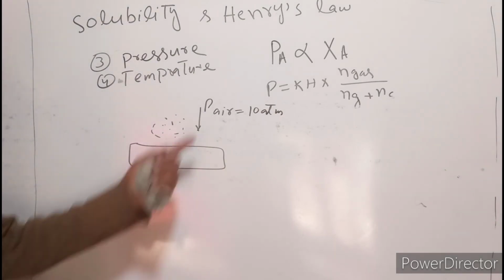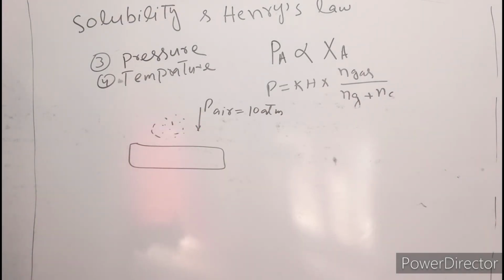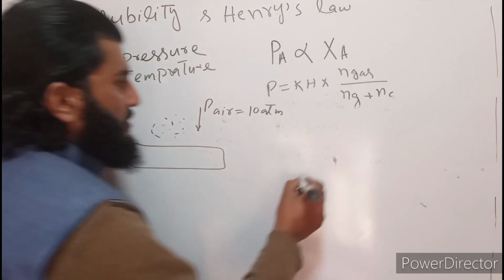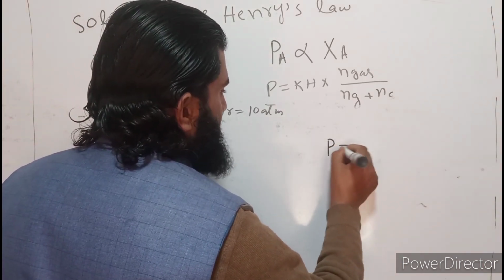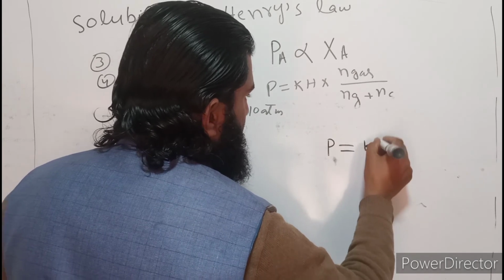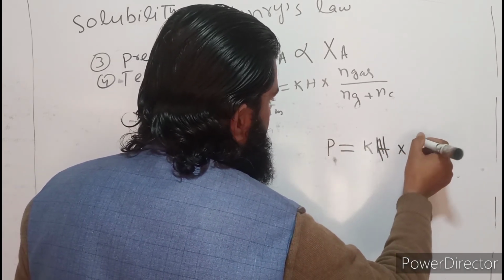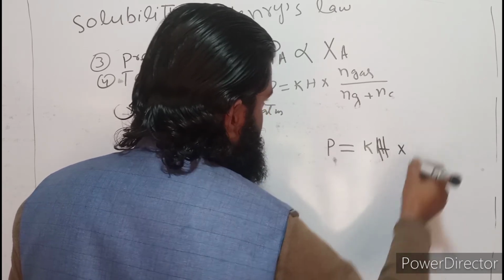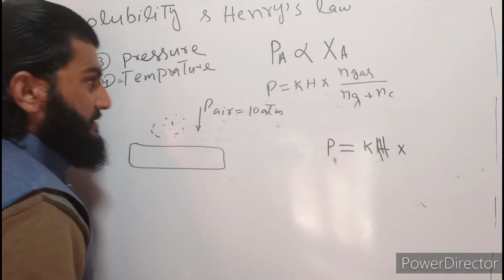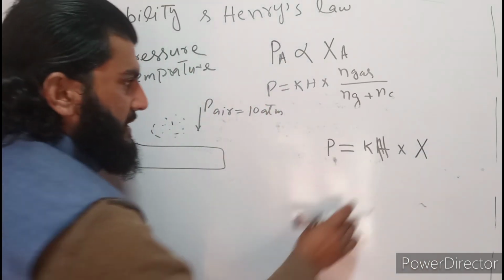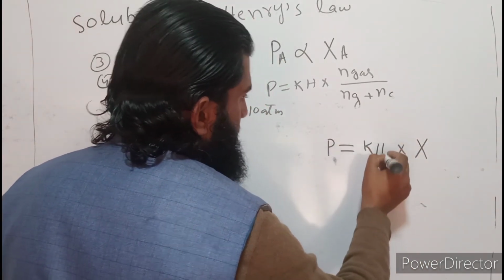Pressure of air is equal to 10 atm. And we know that partial vapor pressure is equal to kh multiplied by mole fraction.